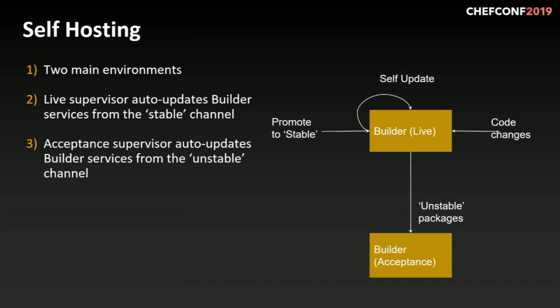And then Builder will self-update itself with those promoted packages. And pretty much all of the time now, especially since we have those 2 API nodes, that's done without taking any downtime. So this really is a zero downtime situation for a running service that is updating itself. I don't really know of any other example of services that do this type of thing. So this is, I think, in some ways pretty unique. But again, the power of Habitat applied to these services lets us do these kinds of things.